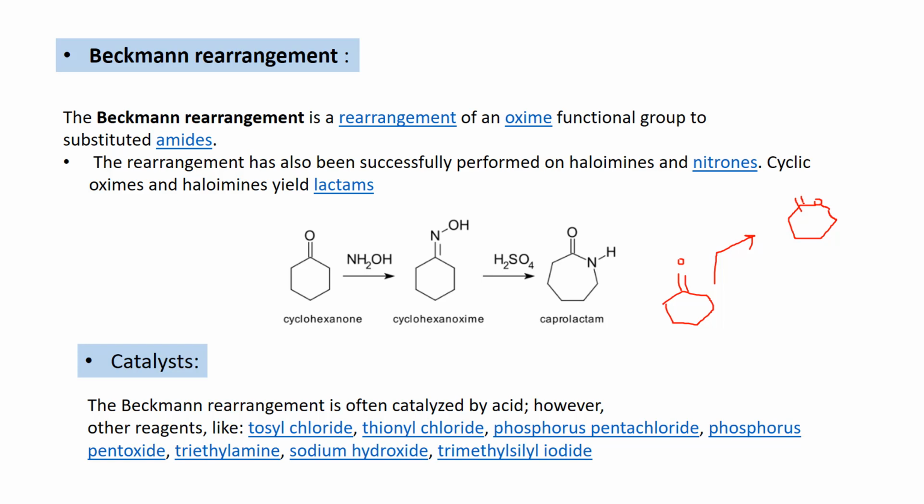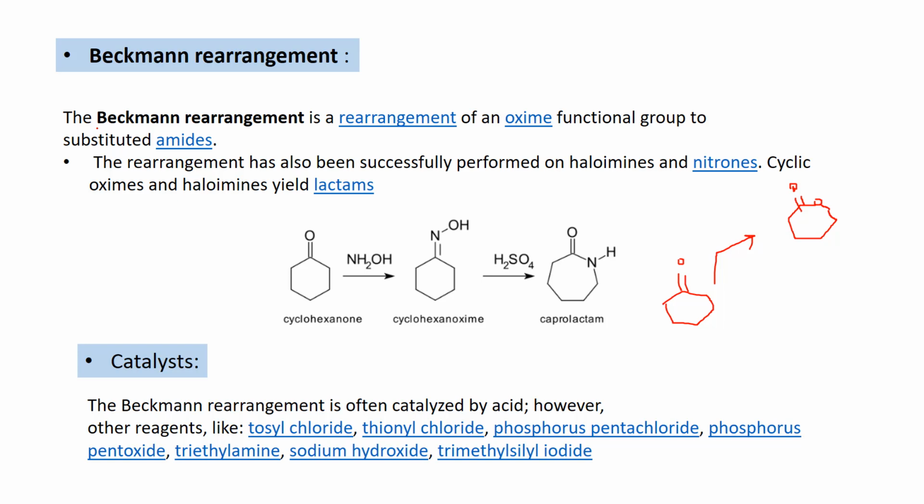But in Beckmann, you will get a cyclic amide, that is called a lactam. So the Beckmann rearrangement is a rearrangement of an oxime functional group to a substituted amide.